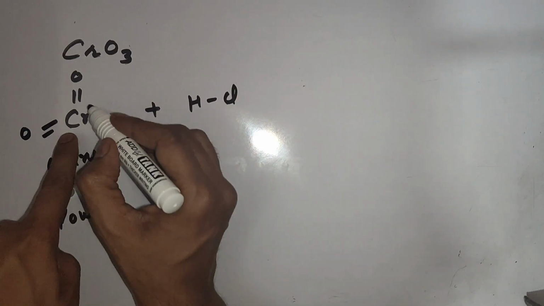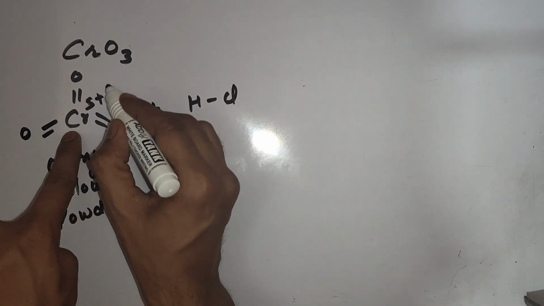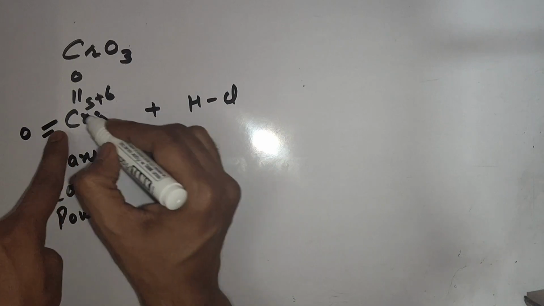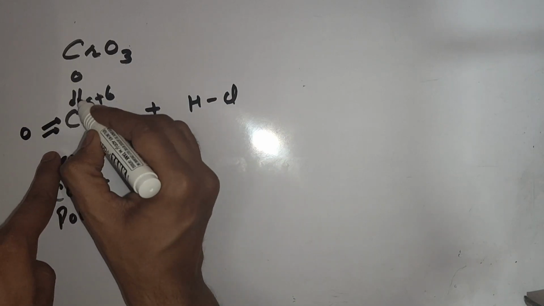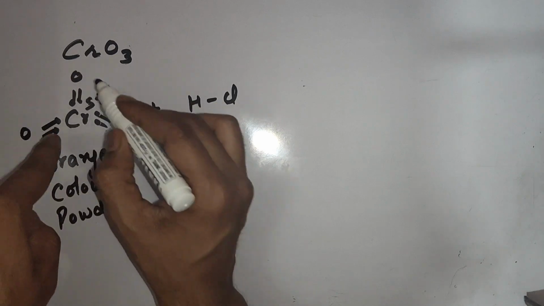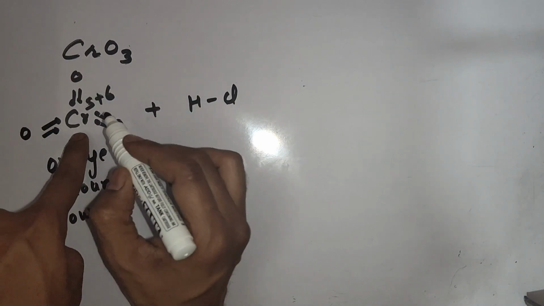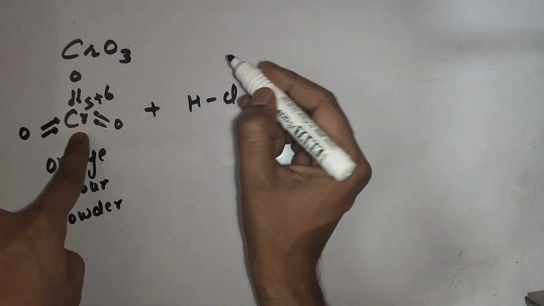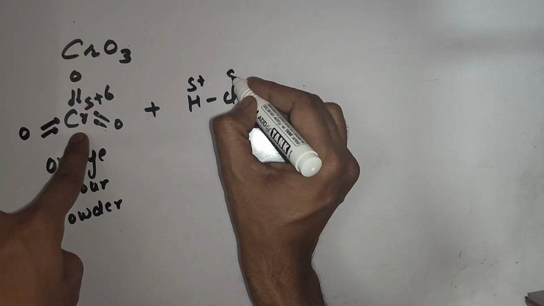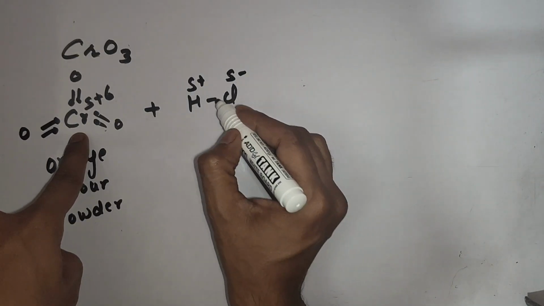You can check chromium is positively charged, +6, because 6 electrons it is sharing with oxygen, and oxygen is more electronegative than chromium, so 6 electrons are going toward oxygen side. That's why it is carrying positive charge. In HCl, H has a positive charge, Cl has a negative charge. So what will happen?